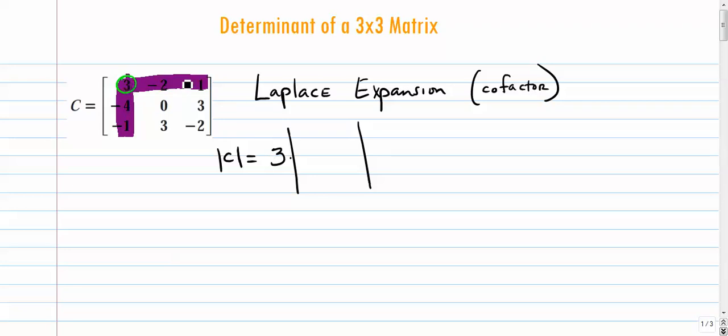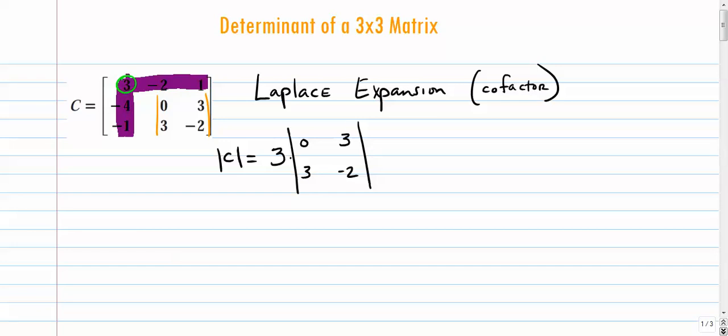That one's in row 1 and column 1. So we're going to kind of black those out for a second, and we're going to take a look at the determinant of the remaining matrix, the minor matrix. So that'll go right in here: 0, 3, 3, and -2.